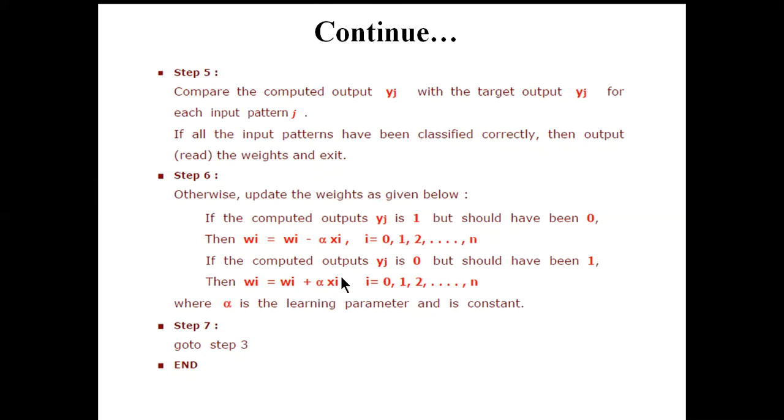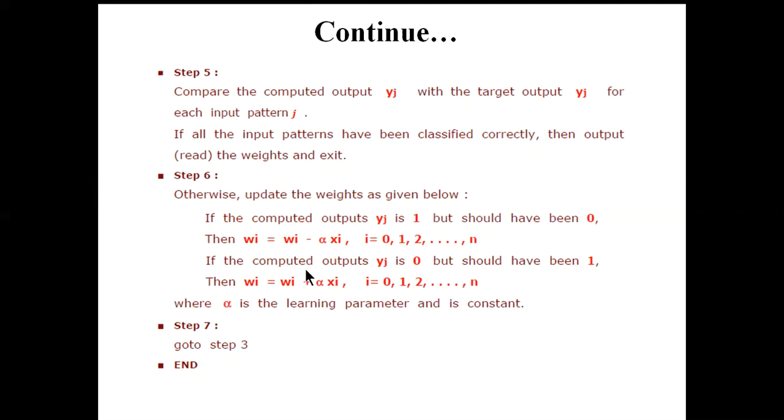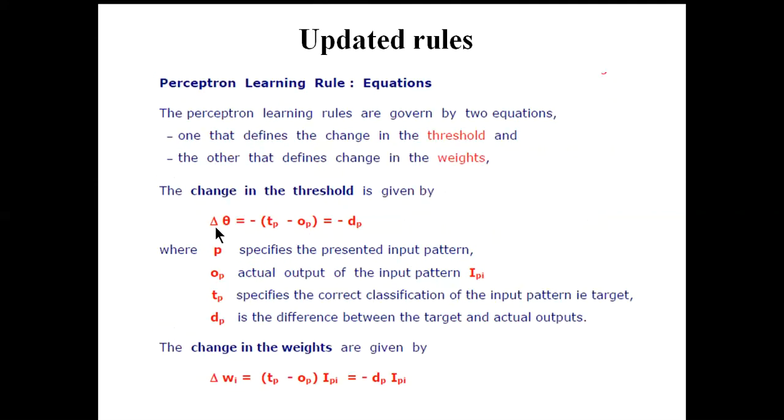The change in the weight was toward the negative direction, and now it is toward the positive direction. Instead of using simple plus or minus alpha xi, you can calculate the error between the actual output and the computed output, and we call it dp, that means the difference between target and actual output.